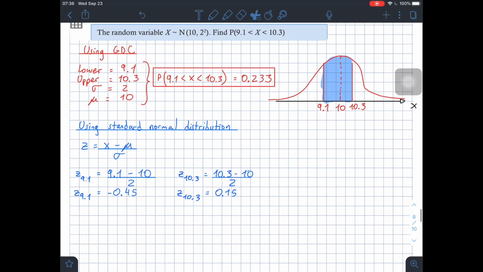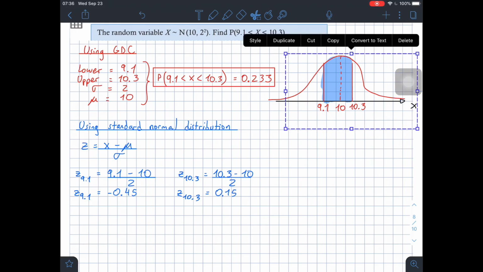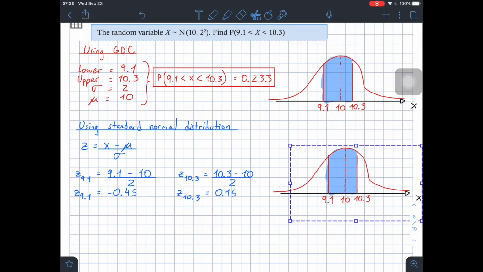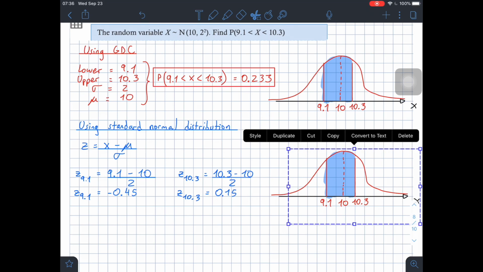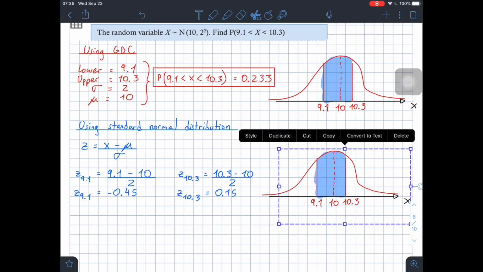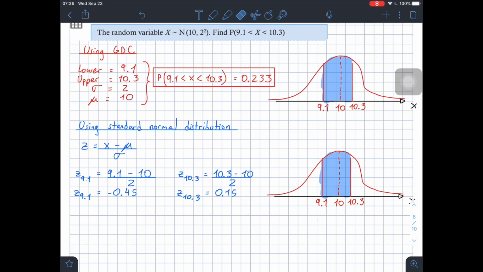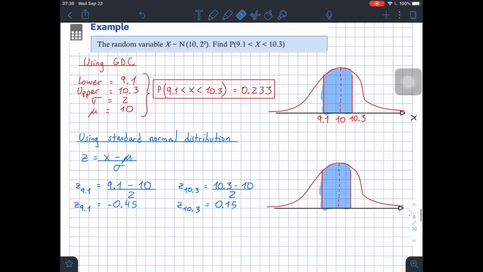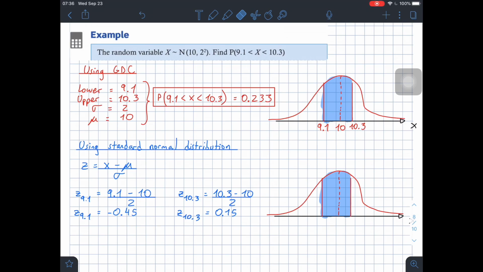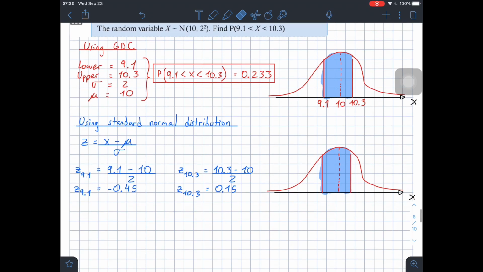Okay, so what does this mean? If we do a sketch of the standard normal distribution, remember a standard normal distribution always has a mean of 0 and a standard deviation of 1, right? So if we do the sketch, we're going to have exactly the same curve, the same shape, because we're talking about normal distribution always.